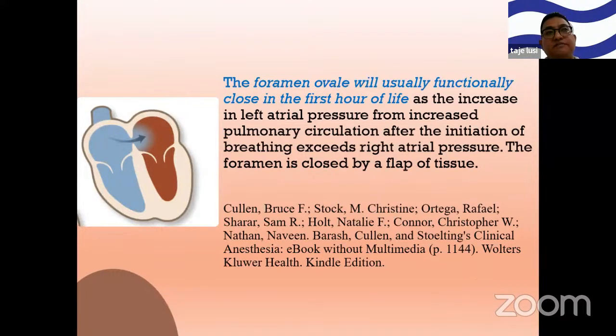The main reason for the functional closure of the foramen ovale is the increase of left atrial pressure. Because of the increase of left atrial pressure, the foramen ovale closes.